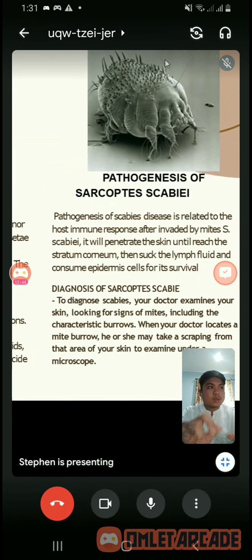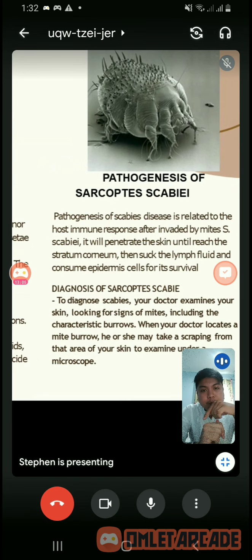So, move to the next part, pathogenesis of Sarcoptes scabiei. Pathogenesis of scabies disease is related to the host immune response after invaded by mites as scabies. It will penetrate.